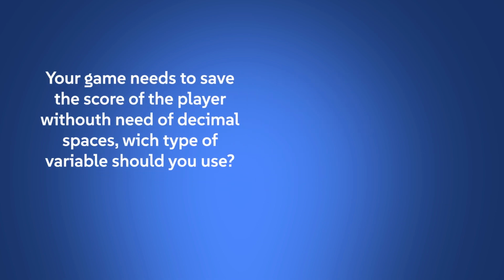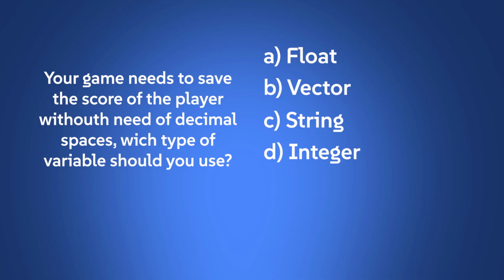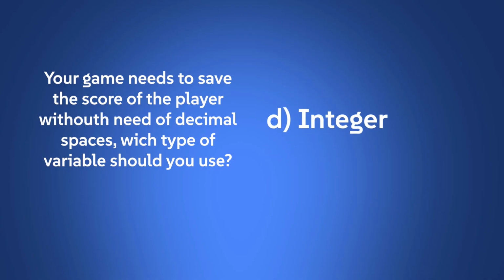Letter A, float. Letter B, vector. Letter C, string. Letter D, integer. Letter E, number. The correct answer is letter D, integer. We use it to store non-decimal numbers that can be negative, 0 or positive.